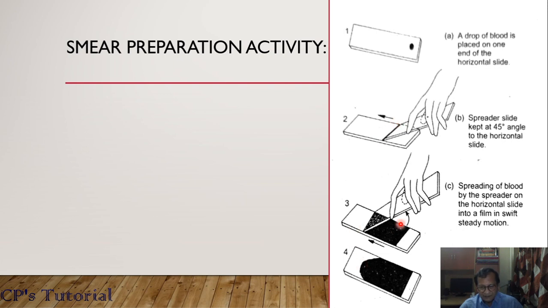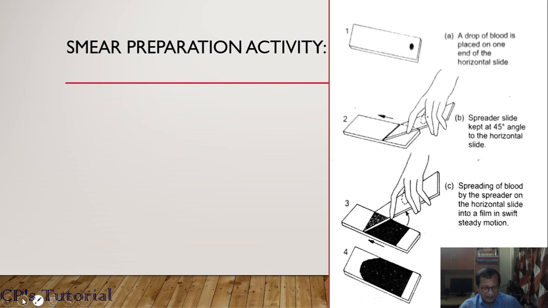This is the pushing of the blood, pushed forward at an angle of 45 degrees. And this is the final vision of the smear, which is tongue-shaped. Okay, so the dry smear is now ready.